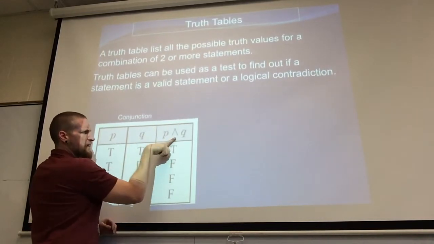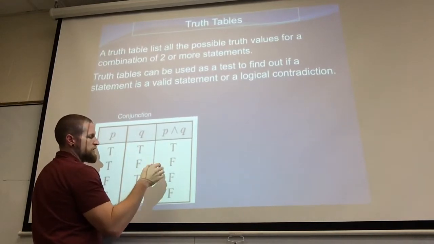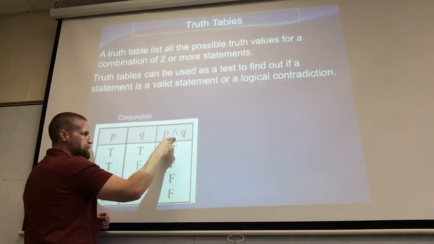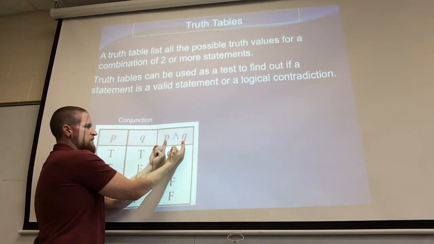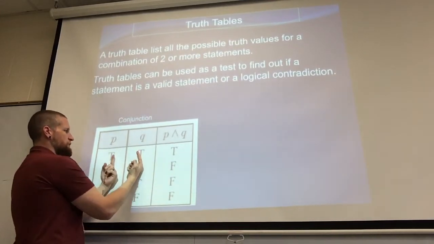Okay? That symbol, remember, is for and. The way this works is if you ever run into this in some kind of argument, the letters up there are the things that you reference back to. And again, this is going to seem really odd.